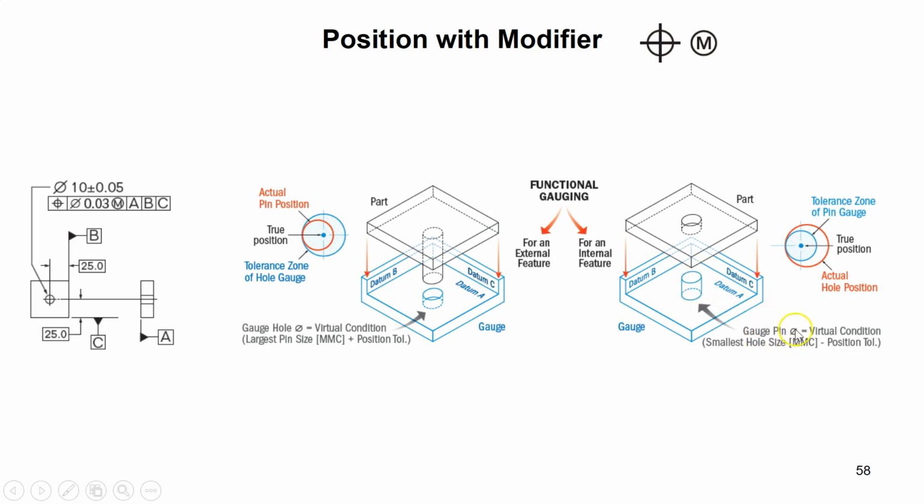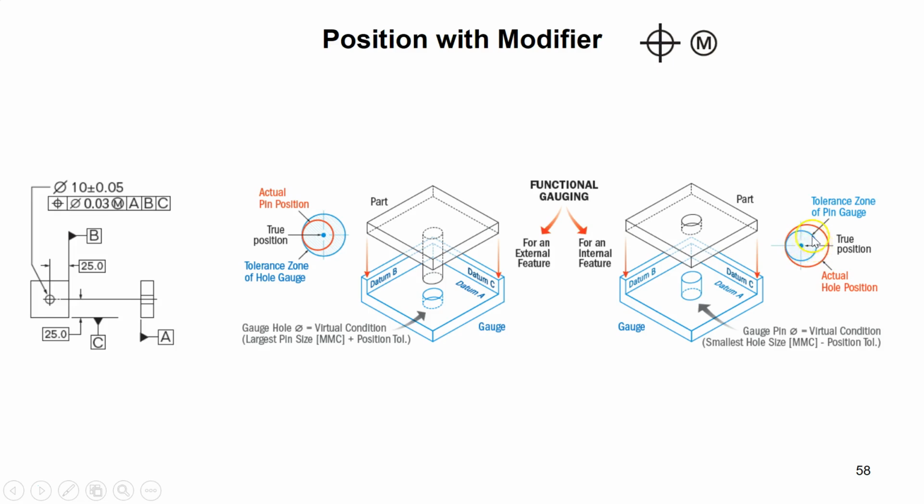It says the gauge pin is equal to the smallest hole size minus positional tolerance, for the same reason that the shaft should pass through the hole.